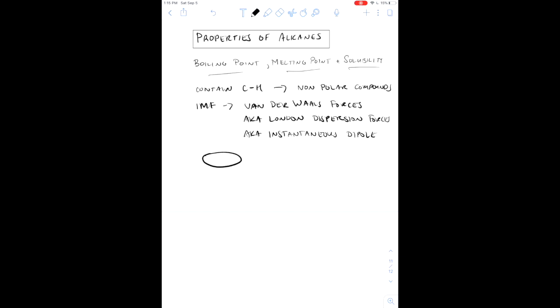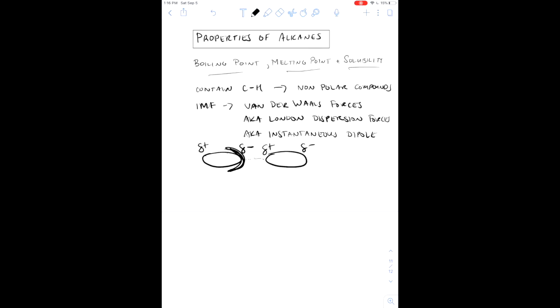Okay, and so remember, basically, if we have a particular molecule, let's say this was just a cloud of electrons, and then the electrons are kind of moving around like this. At any given point, all the electrons could be maybe on just one side. And since they're negatively charged particles, this side would be delta negative, and this side would therefore be delta positive. And if we have another one of those spheres coming along, and we have a delta positive and a delta negative next to each other, the negative and positive attract, and so that's where we get our intermolecular forces.